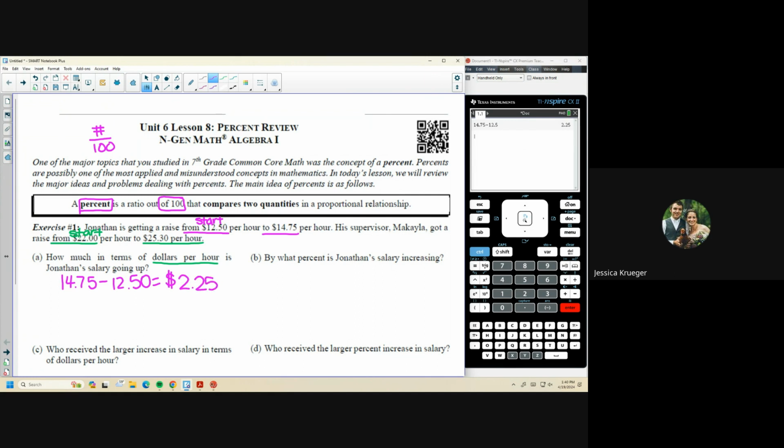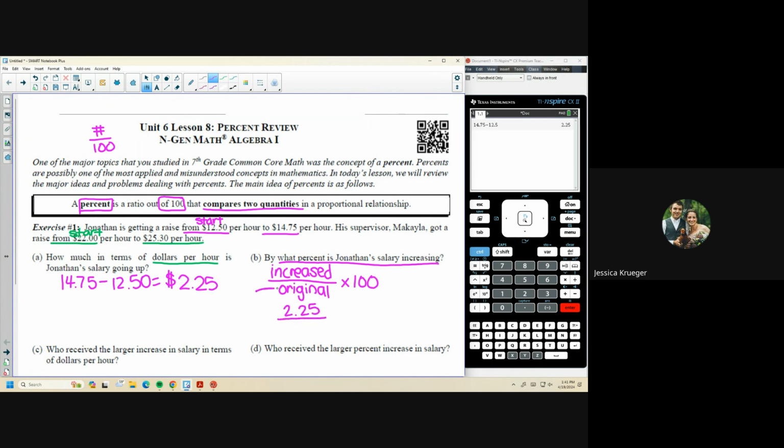What's important is this next piece. By what percent is Jonathan's salary increasing? So it's important to remember this part here, comparing two quantities. We're comparing the amount that Jonathan's salary increased to his original salary. And then to turn it into a percent, we multiply it by 100. So the amount his salary increased was $2.25.